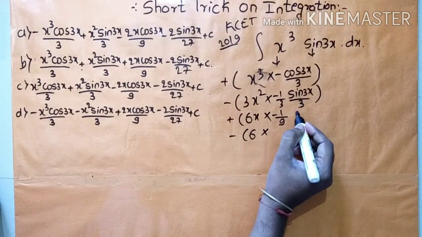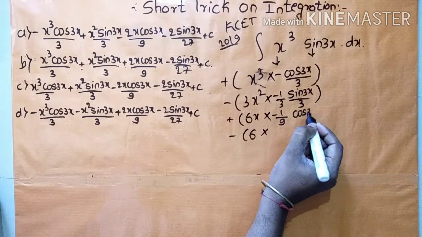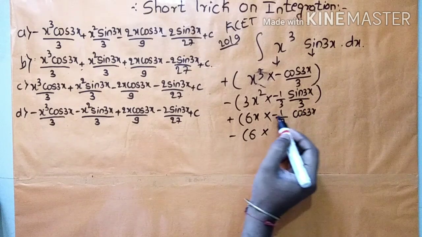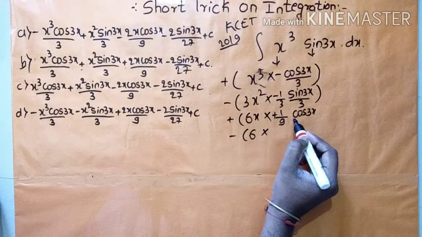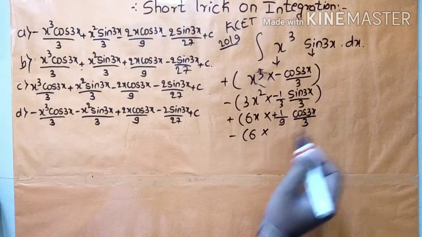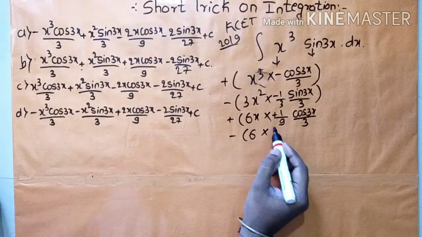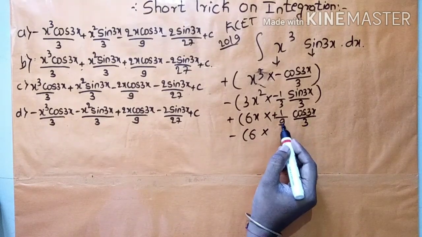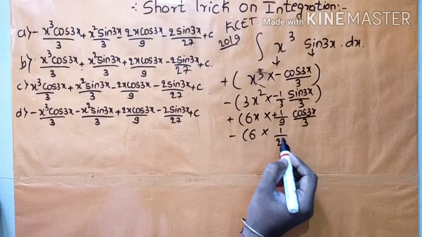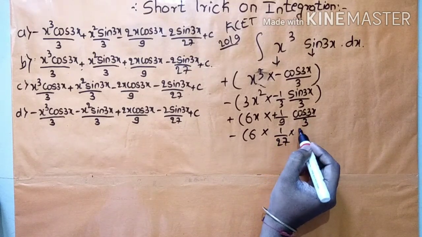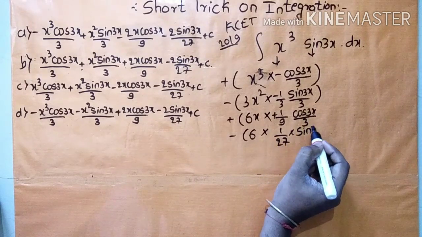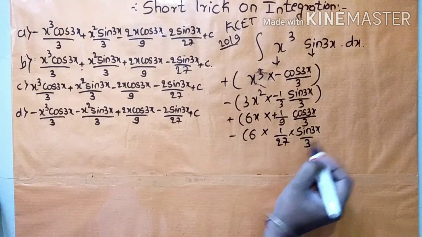Integration of sin 3x, what will you get? Minus cos 3x you will get. So this minus minus becomes plus, then divided by 3 from 3x. Then after this, 9 threes are 27. Then cos 3x integration is sin 3x divided by 3.